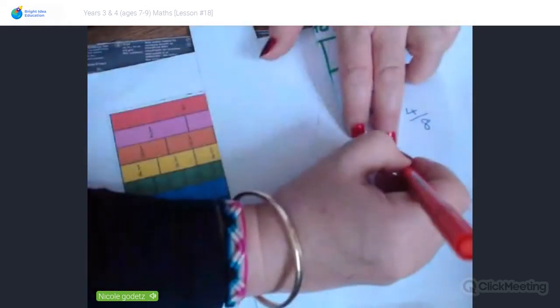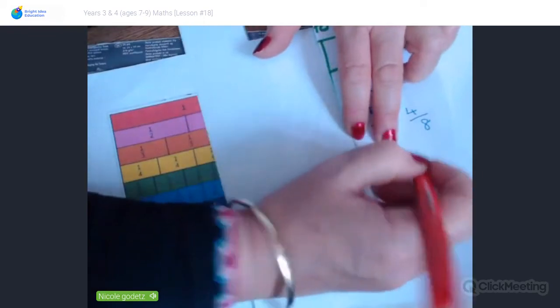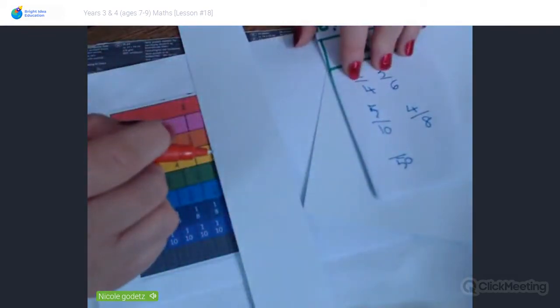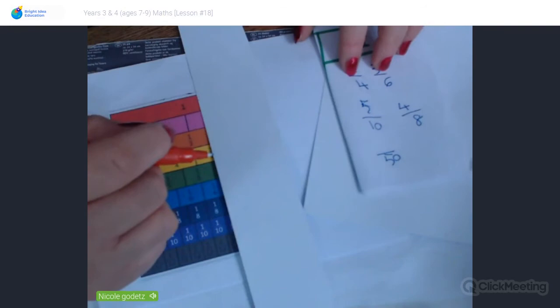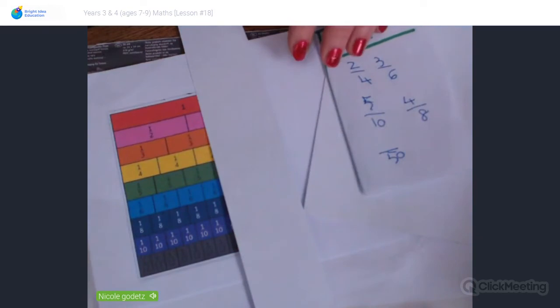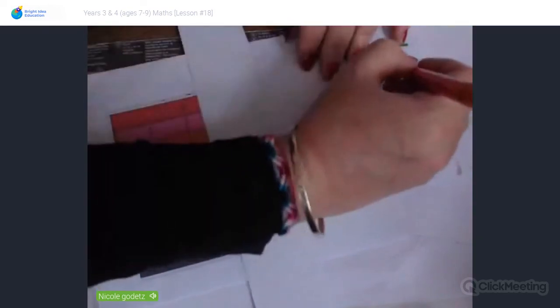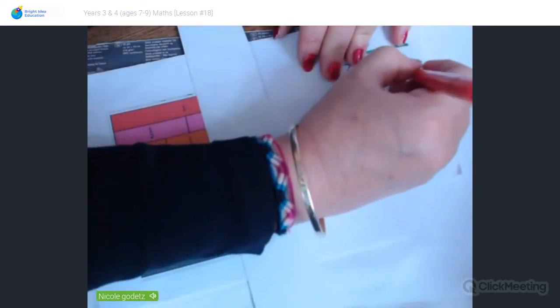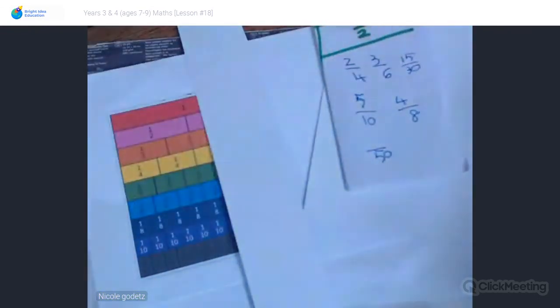Okay, how many 50ths are equal to a half, please? 15/30ths has just come through. Laggy.